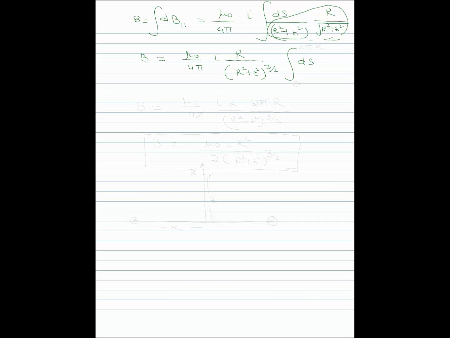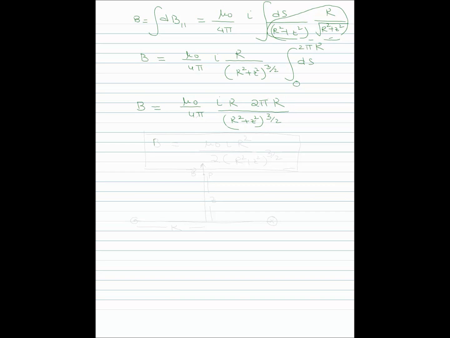What do you think should be the limit of the integral? We are doing the integral over all the little ds's that form the whole loop, so the integral should be from 0 to 2 pi R. And that just gives us 2 pi R. So B turns out to be mu 0 over 4 pi I R times 2 pi R, that's what we get from the integral, divided by R square plus z square to the power 3 over 2.